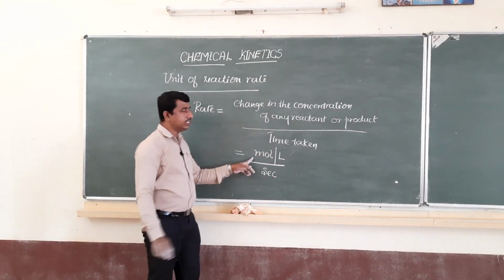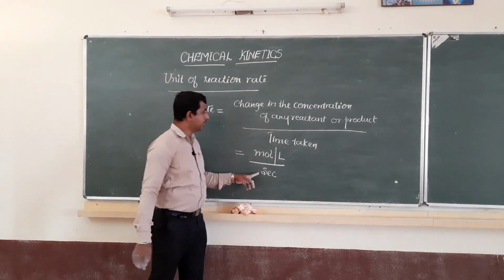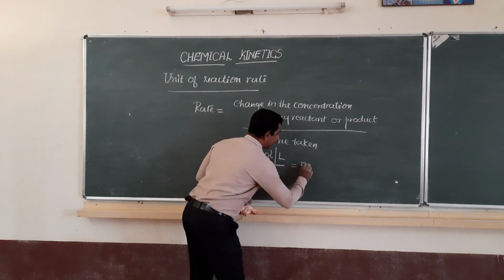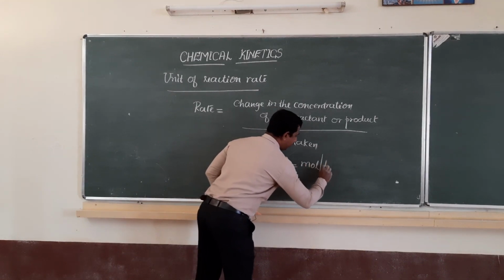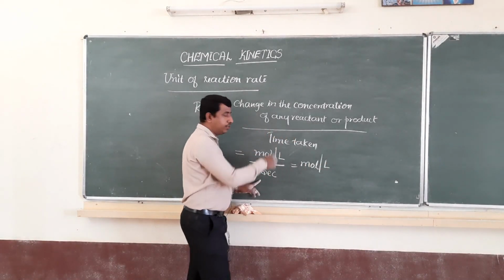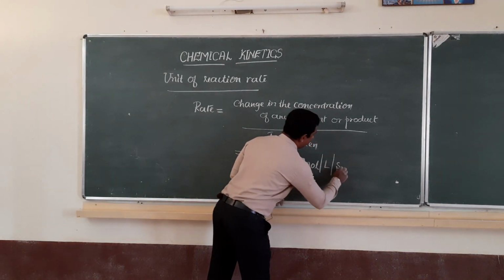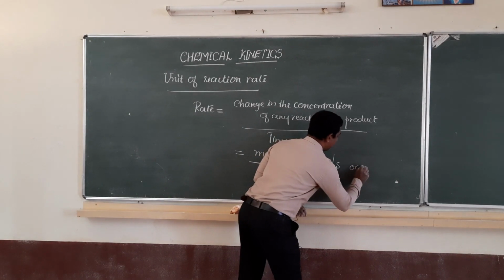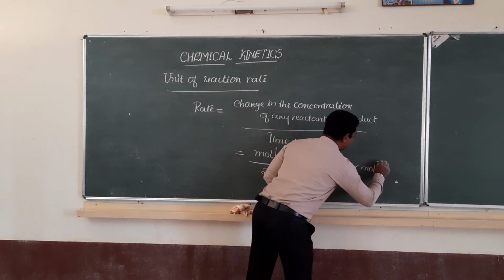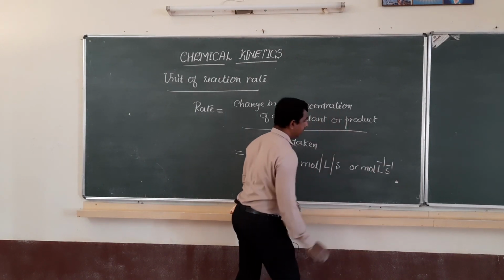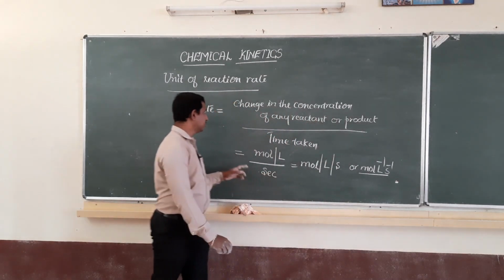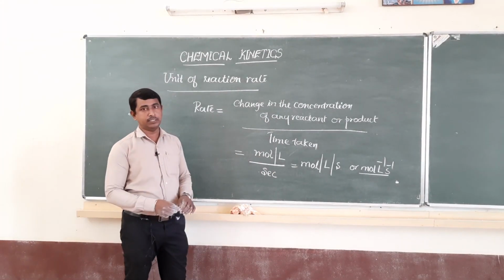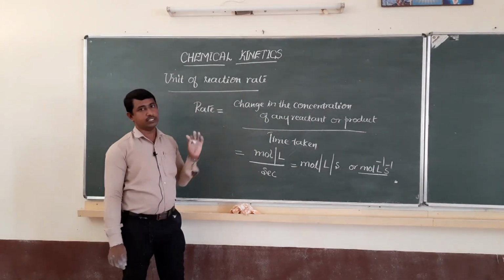So the unit of rate is mole per liter, and I will take second to the denominator, so it is mole per liter per second, or I can write mole liter inverse second inverse. This is the unit of rate: mole per liter per second.